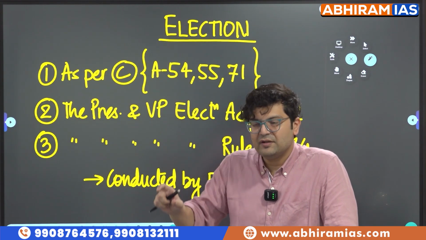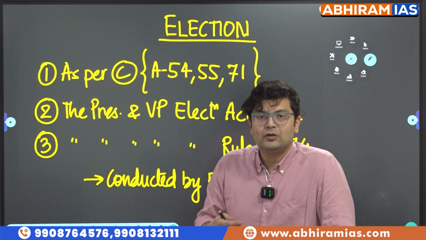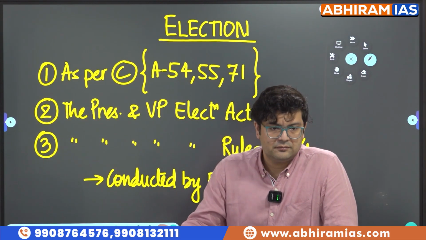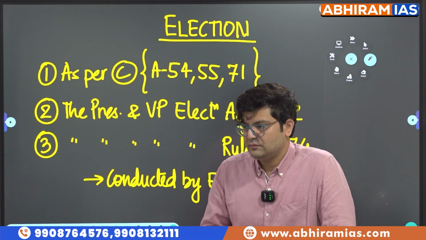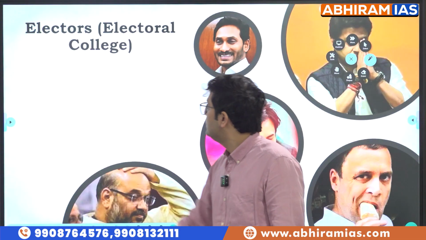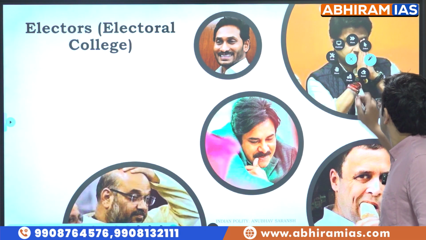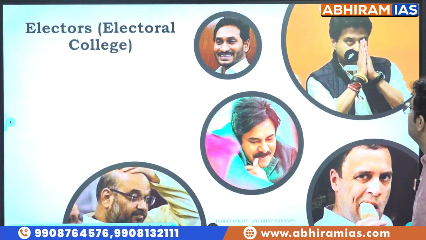So this is what makes up the entire Electoral College. Electoral College means voter list. List of all the voters. Are we clear? So very simple. The Electoral College comprises of MPs and MLAs.